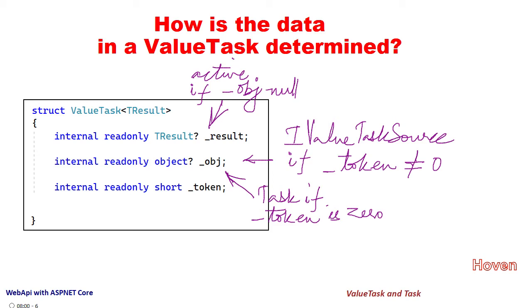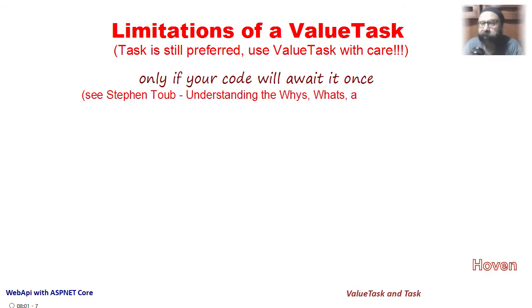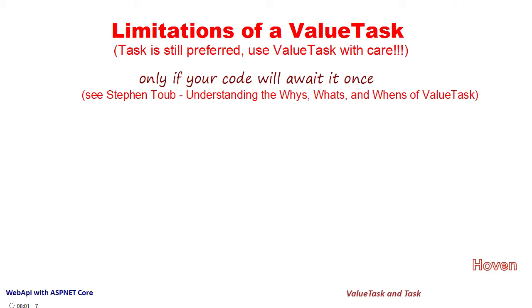Now value task has a few limitations also. Task is the mostly used one because value task has certain limitations, and let me explain those limitations. A value task is recommended only if your code will await it once. Multiple awaits is not allowed because value task has pooled resources.